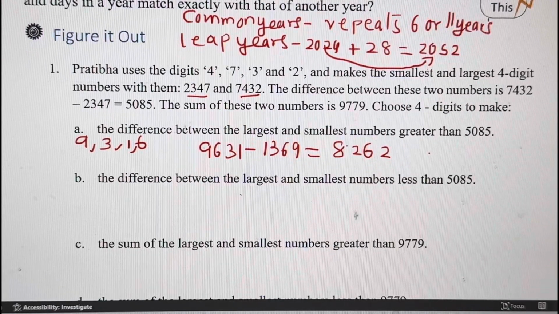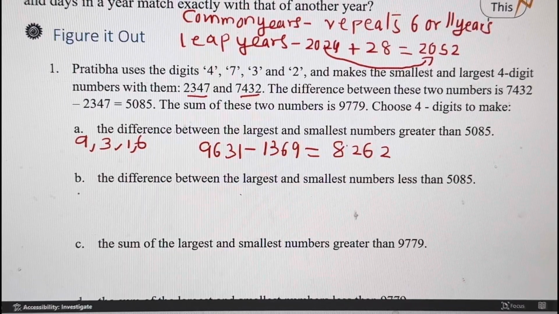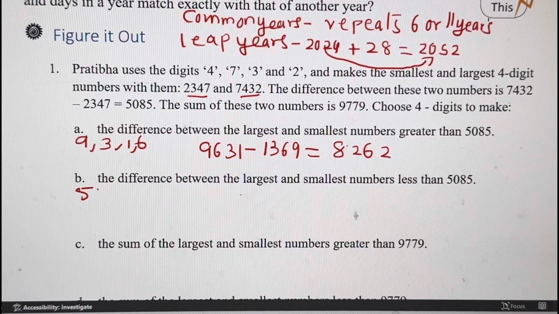Now, part B: the difference between the largest and the smallest number should be less than 5085. Earlier we wanted a number greater than 5085; now we want a number less than 5085, so we choose the digits wisely. You can take the largest digit as 5, because when you subtract 1, it will be 4000 something, so it will be less than 5085. So we choose the digits 5, 3, 1 and 2.